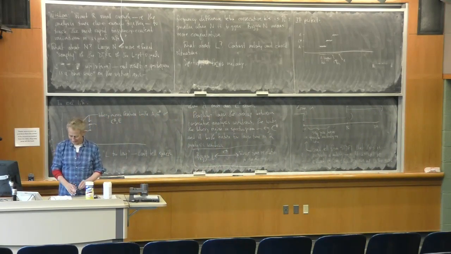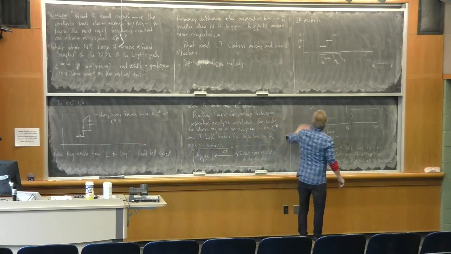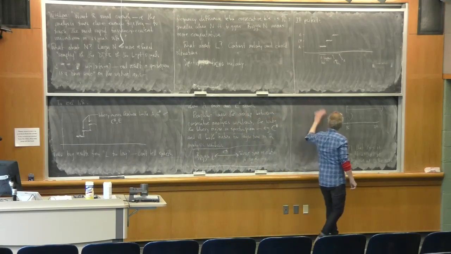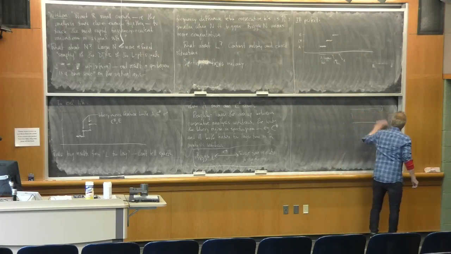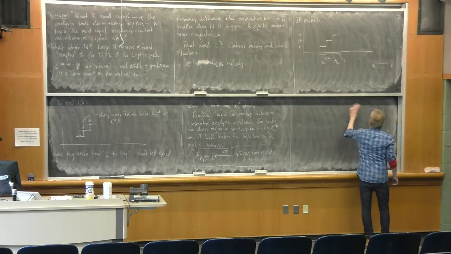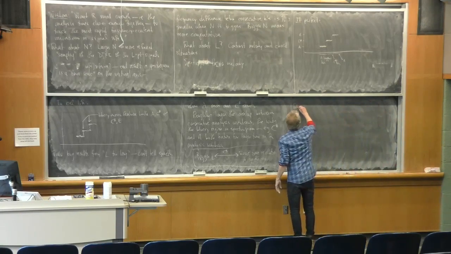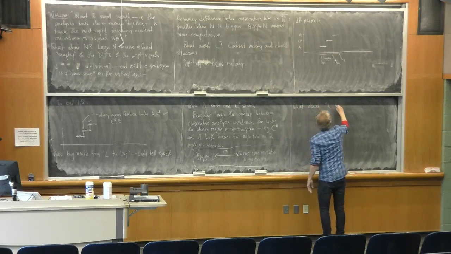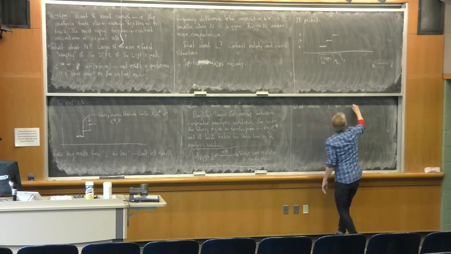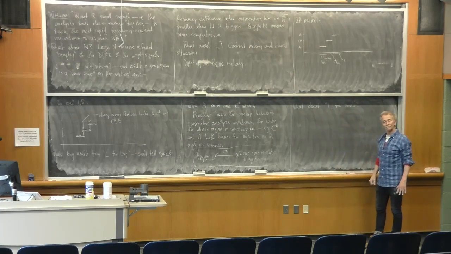So what are those? We want to talk about how these things trade off against each other. So what about, quote-unquote, L too small? What kind of problem can arise when you make L too small?